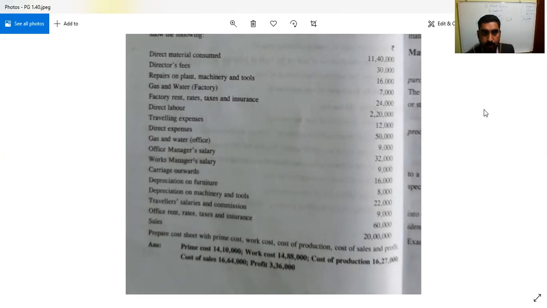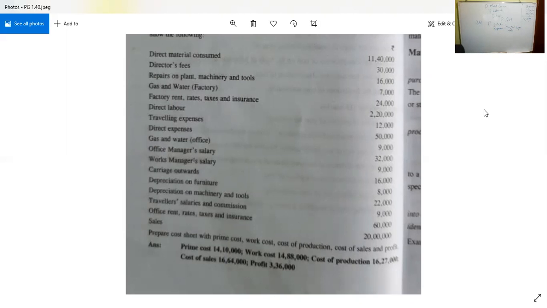One is repairs on plant, machinery and tools. So that is a factory item. Why it is to be used: the machinery is used, tools are used in factory. So that is 16,000 added.